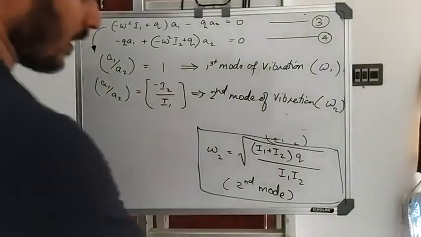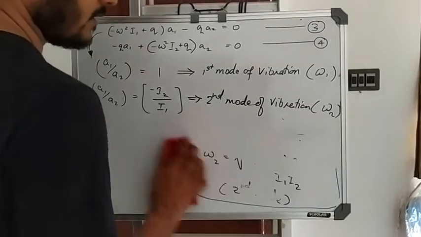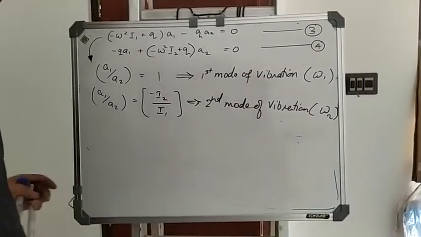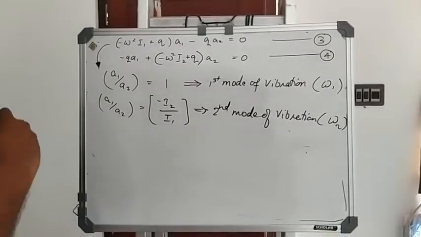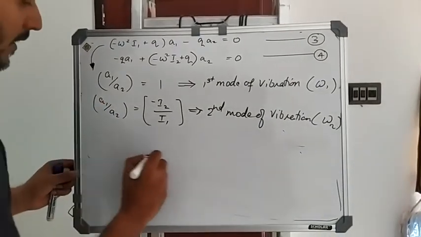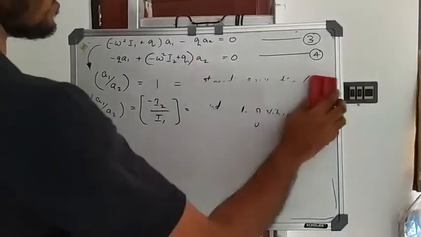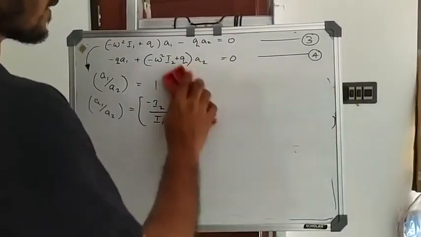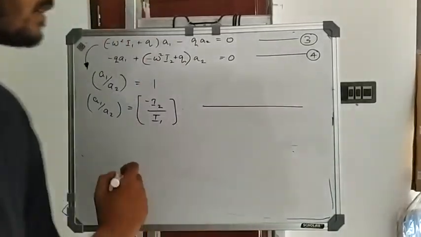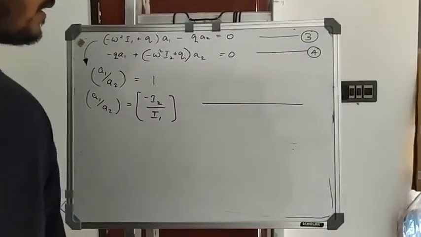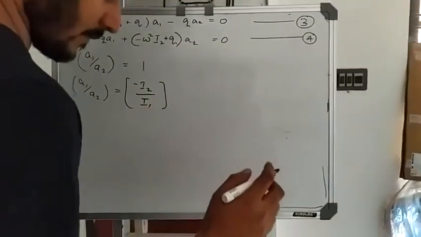Now, we can represent these values graphically. For the first one, we have obtained A1 by A2 equal to 1. That means this can be represented as, for the first mode of vibration, let this represent the length of the shaft. That means we can slightly change the figure that we have drawn initially.